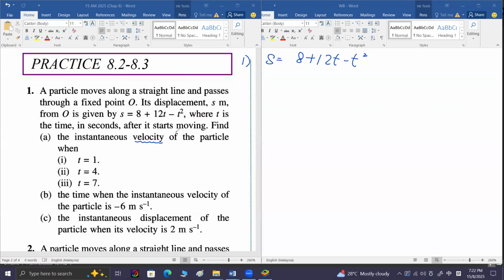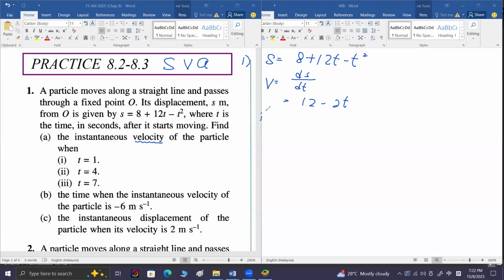I just said SVA. You are asked to find the velocity, so you have to differentiate. To get V, you differentiate ds/dt. 12 minus 2t.